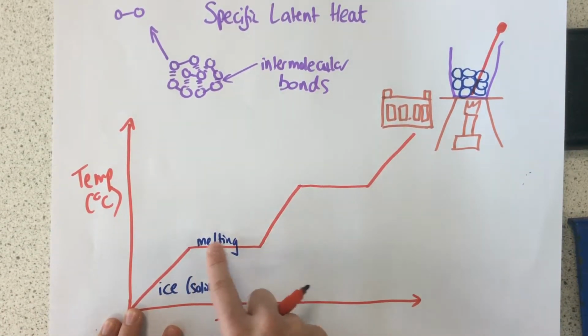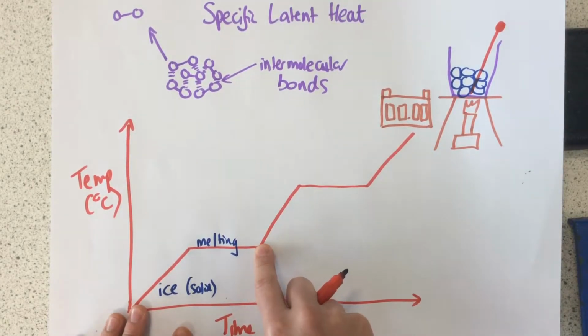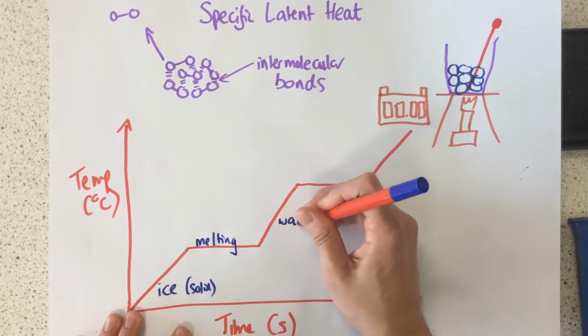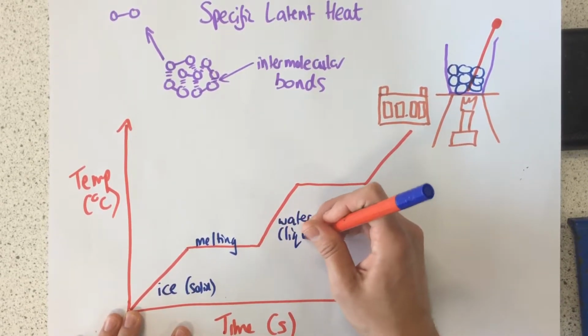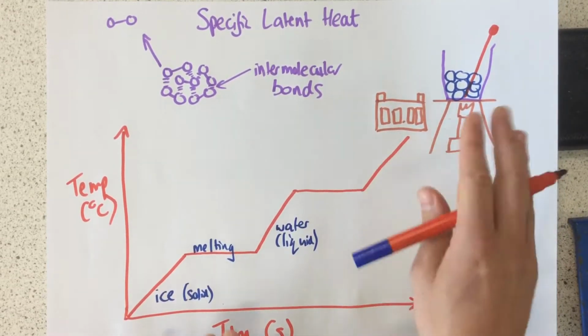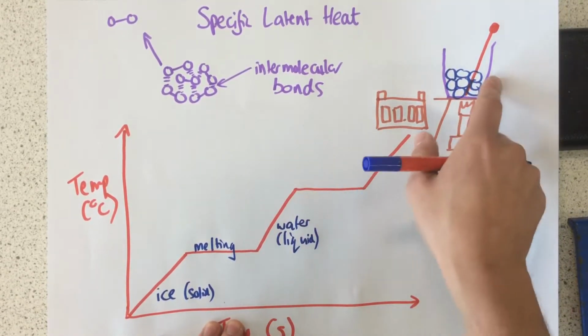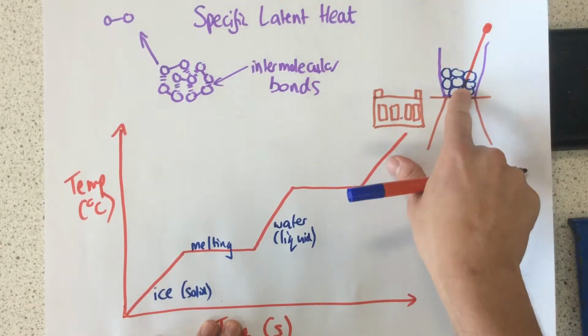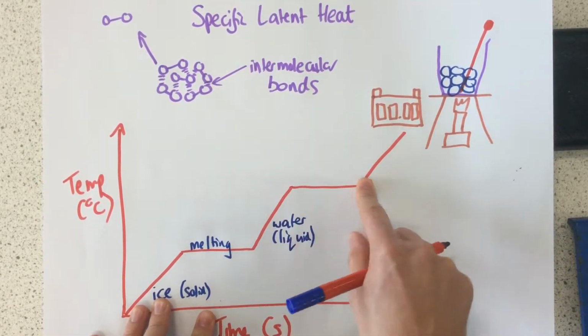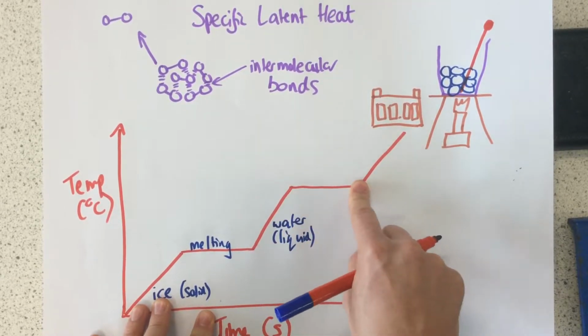Now, once all of that has melted, we then have an increase in temperature again. This is when we have water, because it's all melted, it's all now a liquid. So again, we have an increase in temperature here, because now it's liquid water, we're again just putting more energy into the kinetic store, or the thermal store of the water. Now, when we get to this point here, again, we have another flat section.